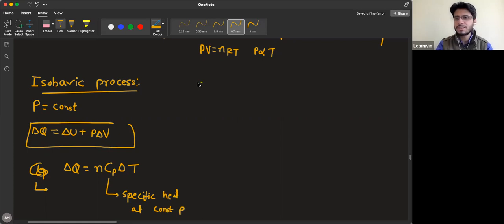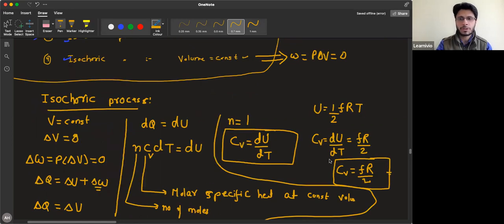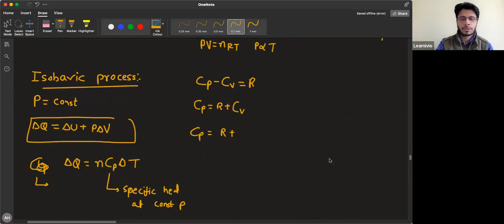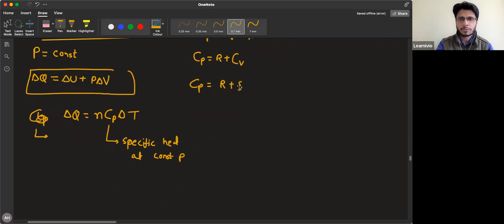To relate this Cp and Cv, you would use Mayer's formula, Cp minus Cv is equal to R. Or we can say that Cp will be R plus Cv. Cv we calculated in the previous section, that's fR by 2. So Cp is R plus fR by 2.